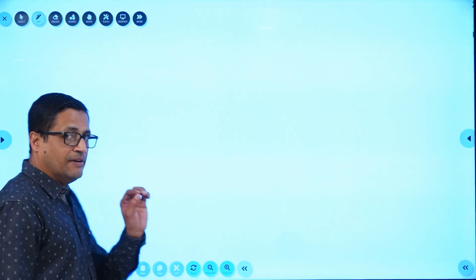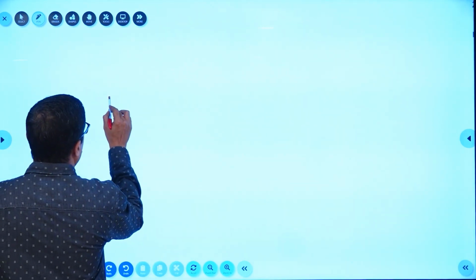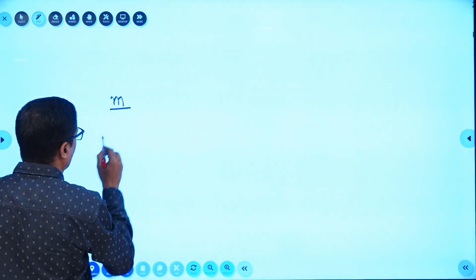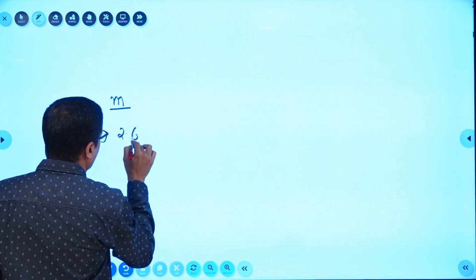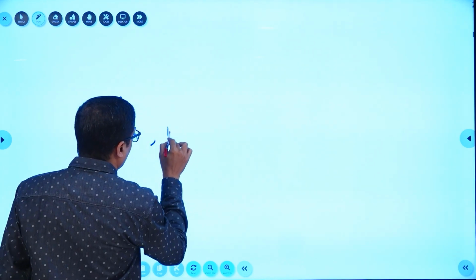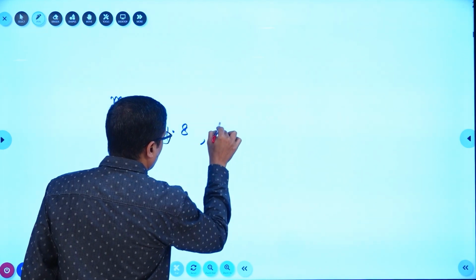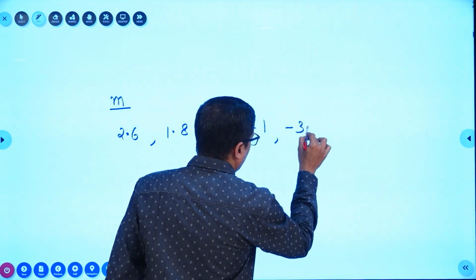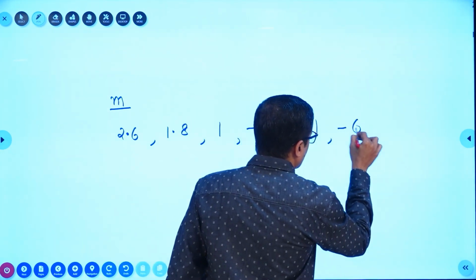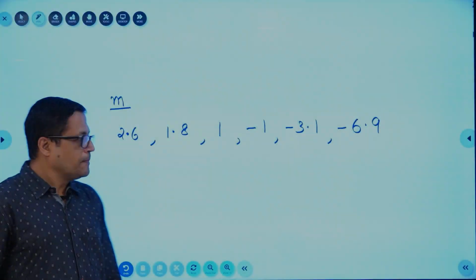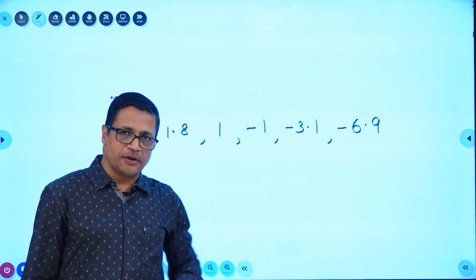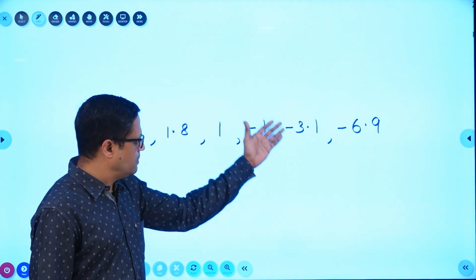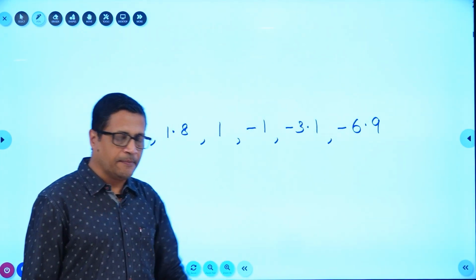Now let us look at values of magnification. Suppose I write a few values of magnification. Suppose a few values are, let us say, 2.6, 1.8, 1, minus 1, minus 3.1, minus 6.9.